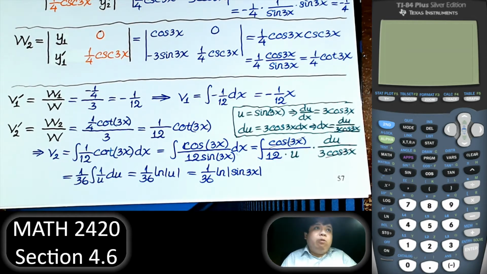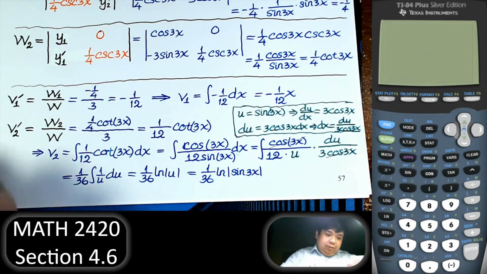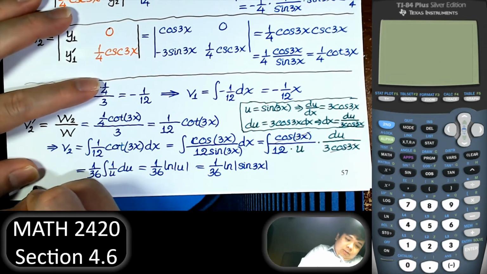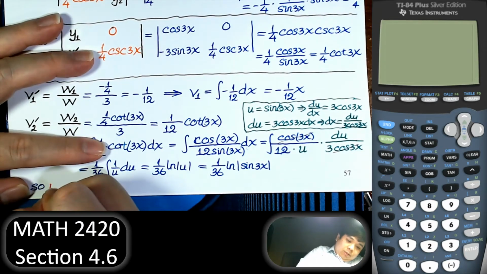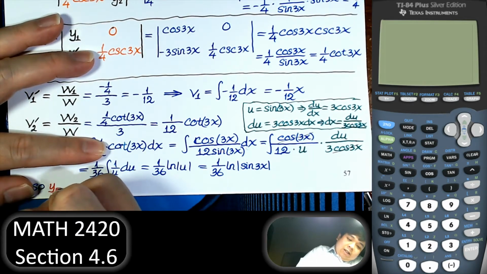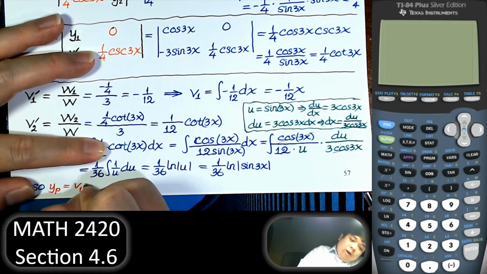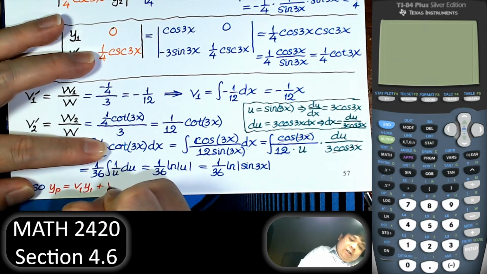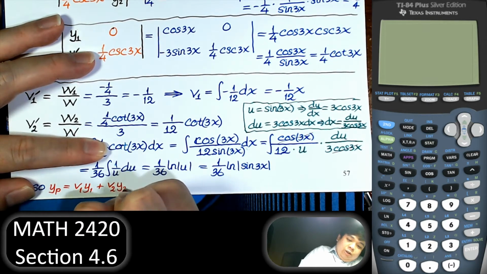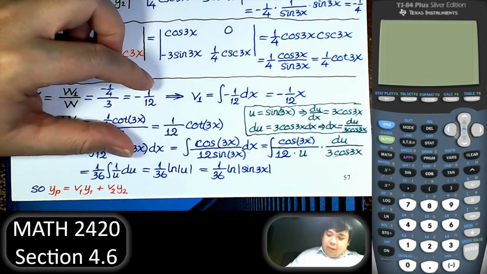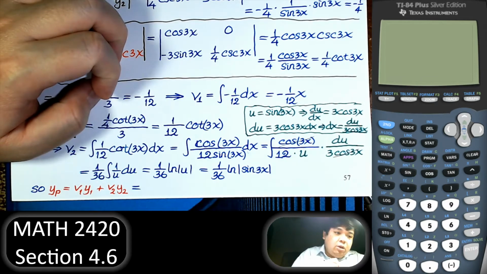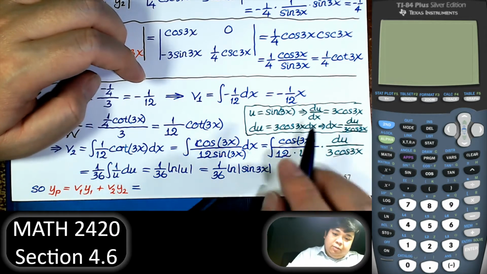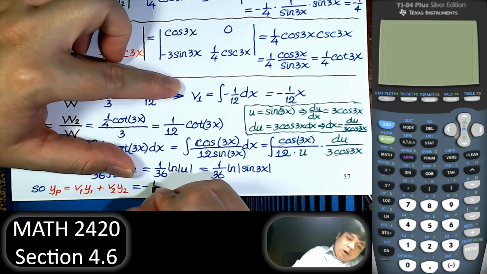Right, so we have V2. And finally, particular solution. V1, Y1, V2, Y2. V1, what is V1? Negative 1 over 12x.